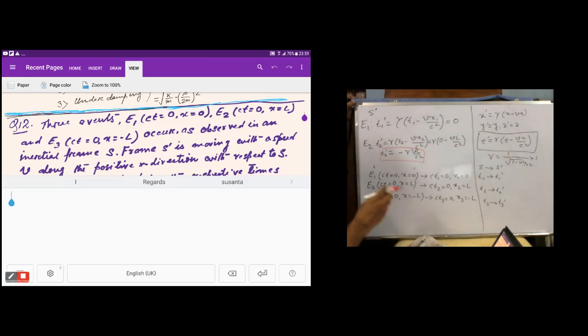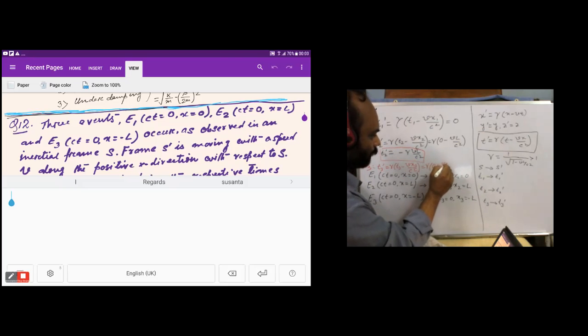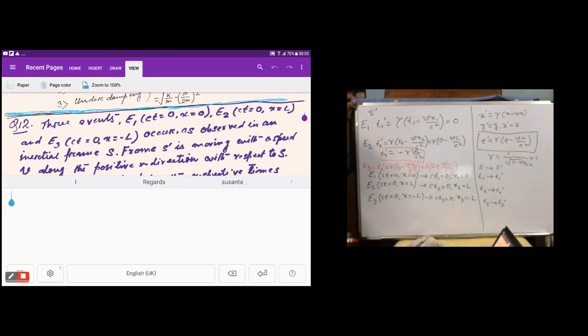Similarly, for the event E3, we can find T3 dash is equal to gamma (T3 minus Vx3 by C square). My T3 is 0, X3 is minus L. That means gamma (0 plus VL by C square), because minus minus will give me plus.